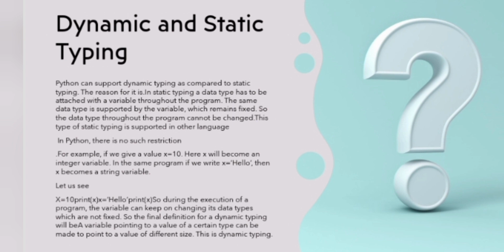It will not give an error that A was an integer, how can it be assigned a string data type. So Python allows us to mold the variable according to our needs and give them different data types in the same program. This is said to be dynamic typing, which you can see in this concept, a very important concept.